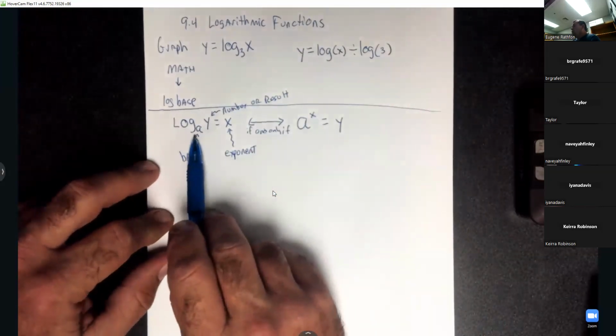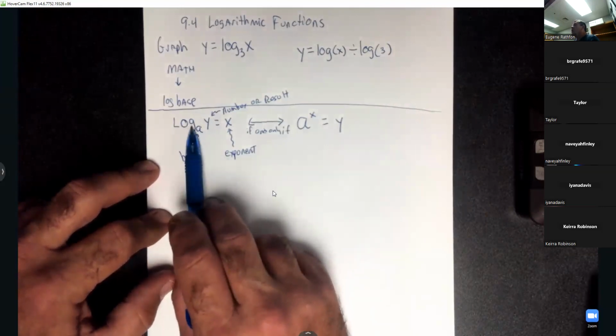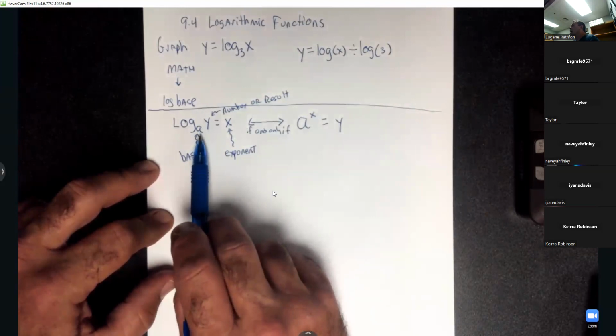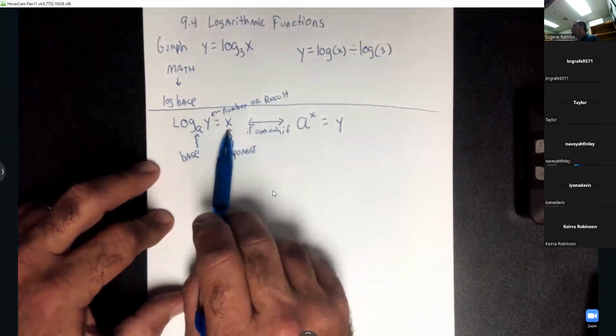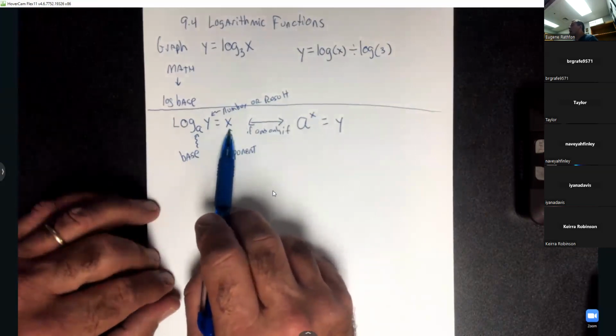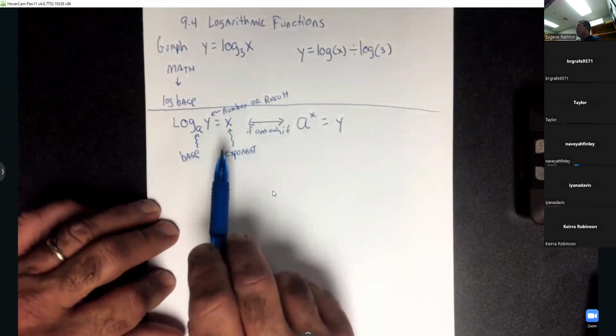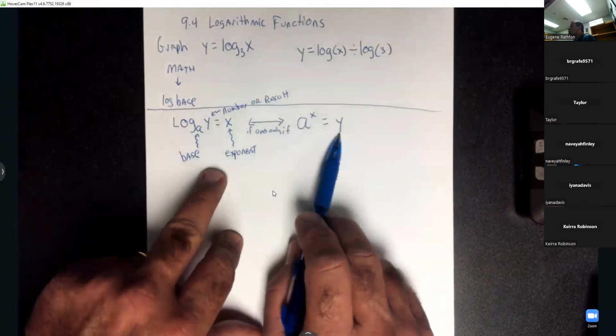So if you're given a log base a of y, it wants to know what exponent you raise a to, to turn it into the y. And that's why when you punch that in, you get x, which is the exponent. Now, to check those, you could rewrite it as exponential.